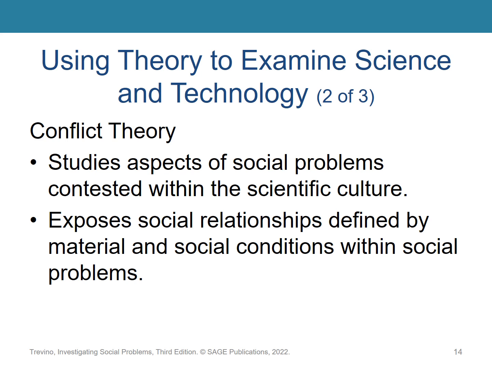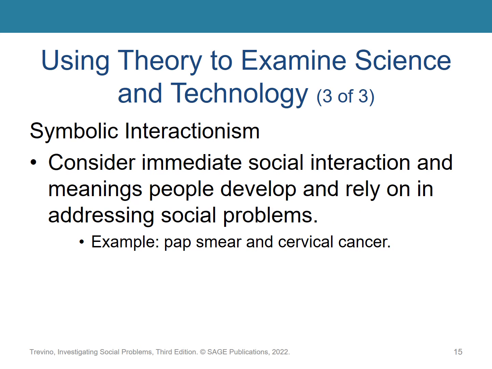Conflict theory studies aspects of social problems contested within the scientific culture and exposes social relationships defined by material and social conditions within the problems. Symbolic interactionism considers immediate social interactions and meanings people develop and rely on in addressing social problems. Example: the pap smear relates to cervical cancer.